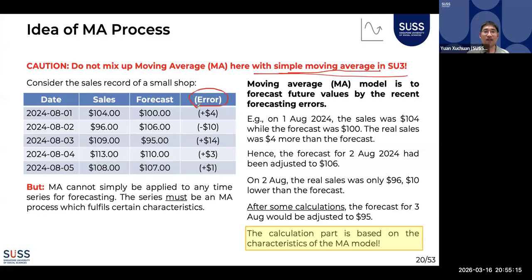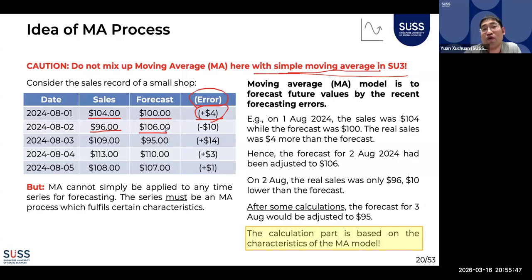Okay, so this is just an example. You can see on the first day, your sales is 104. Your forecast is 100. How it first came about, I don't know, but it's just an example. And then your error will be 4. So this error term will be used in your forecasting, in your model fitting. And maybe on the second day, your sales is 96, but your forecast is 106.